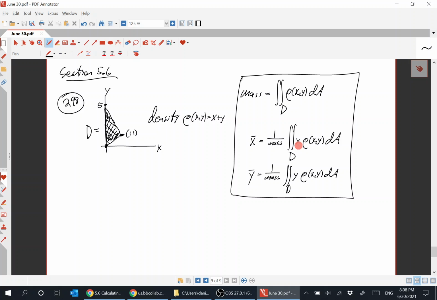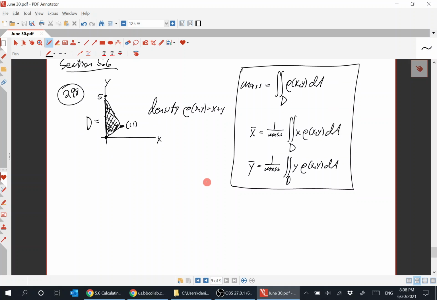Moments are coordinate times mass, and mass is density times area. So it's total moments over total mass. Okay, so let's do it for this region here.